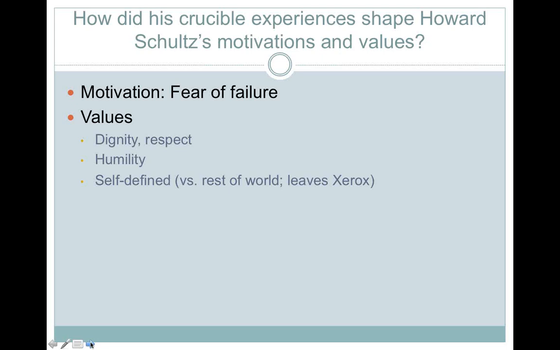Another very important part of how his youth shaped who he was, and very importantly how he built Starbucks, was that experience of his father breaking his leg and not having health insurance. Howard decided that anybody who worked at a Starbucks store, at least in the U.S., for at least 20 hours a week would get health insurance.